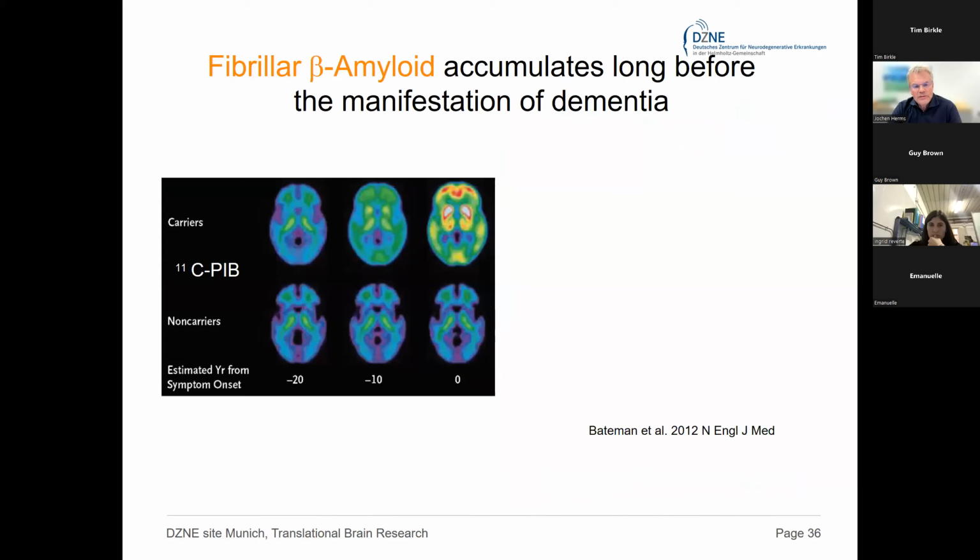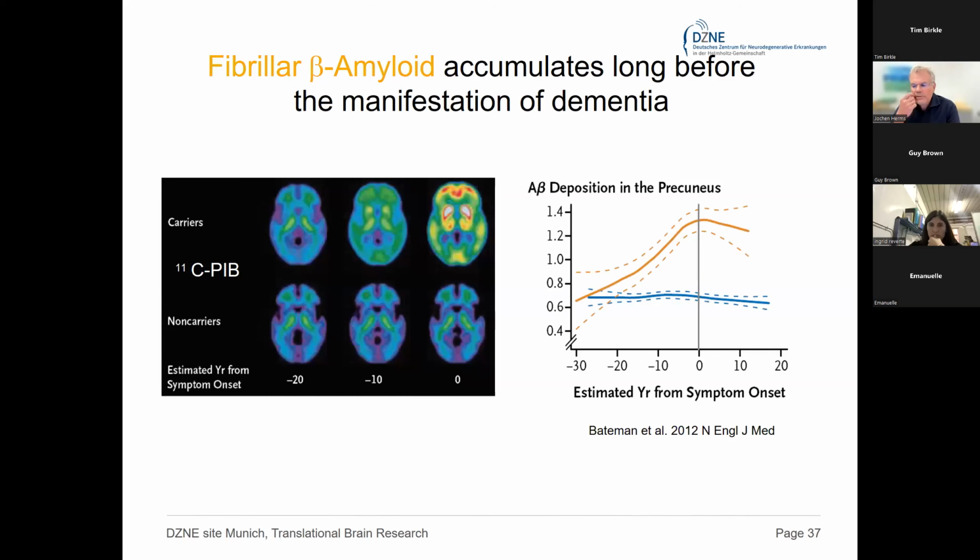So it's a radioactively labeled ligand of the A-beta, and here you see brains from a patient that has a mutation in presenilin over time, so 20 years prior to the disease onset and at disease onset, compared to a non-carrier. And it becomes obvious that long before the patient saw any symptoms, so at 0 they have the first symptoms, the A-beta is accumulating in the brain.